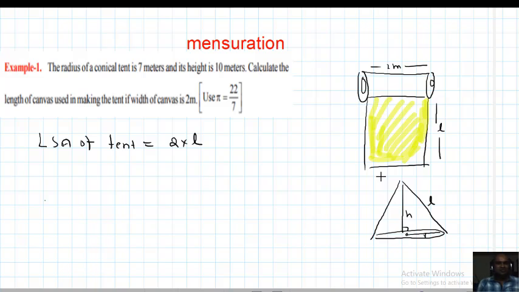Okay. So L should be found here. What is our formula for LSA? Pi r l. Don't confuse, this l is different. I will use capital L for this. This is different.